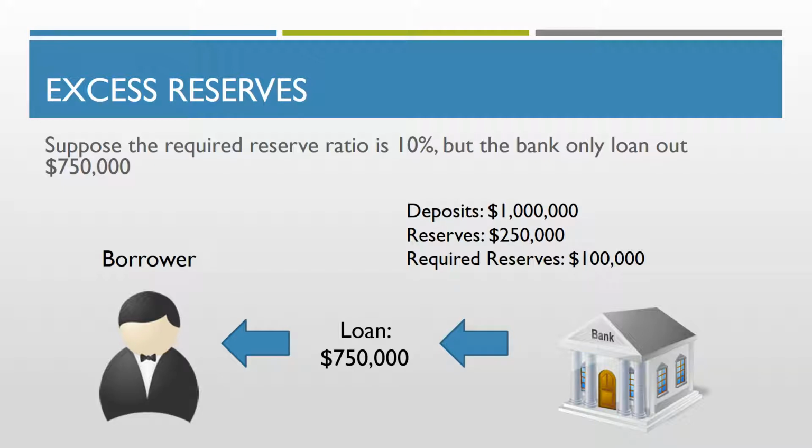Since the required reserve by law is $100,000, the bank is holding excess reserves of $150,000 above what is required by law. Again, look at the numbers: excess reserve means the current total reserve, which is $250,000, minus the required reserve by law, which is $100,000, 10% of the total deposits.